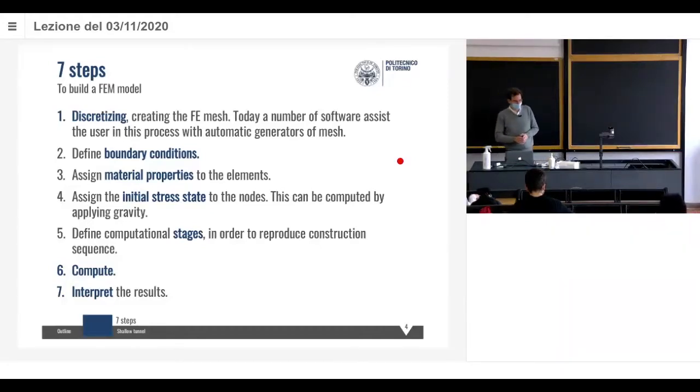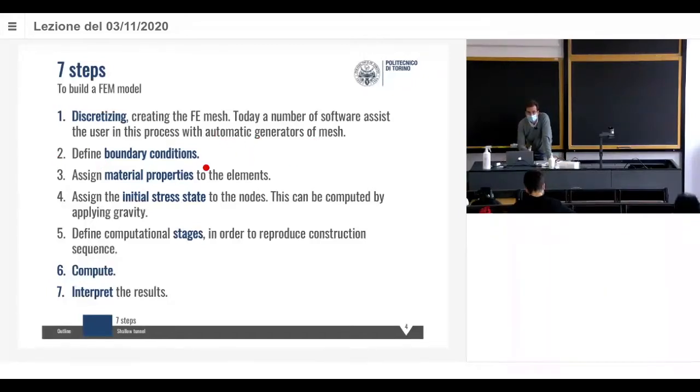It means that you will have some tools available to build your finite element mesh. It depends on the software. The one we're going to use will build the mesh automatically. It will allow you some control on the way it builds the mesh. However, it will do it in an automatic way. So we can use automatic generators with many softwares.